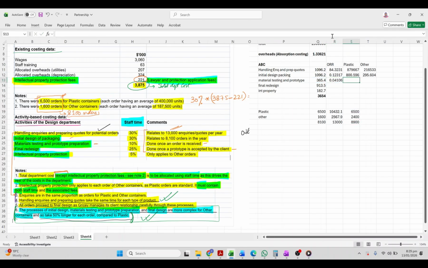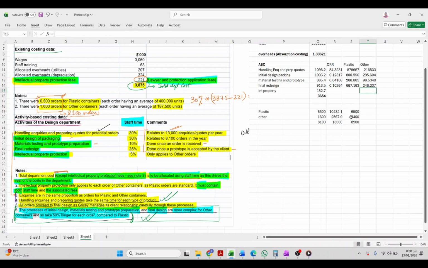So this is equal to this multiplied by 6,500 and this multiplied by 2,400. Last one, final design 913.5 divided by 8,900, and this figure will be multiplied by 6,500 and this figure will be multiplied by 2,400, right?